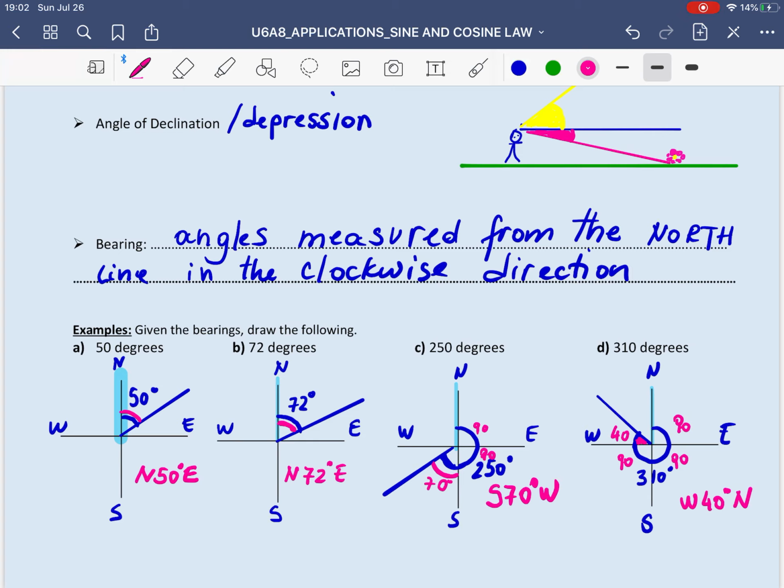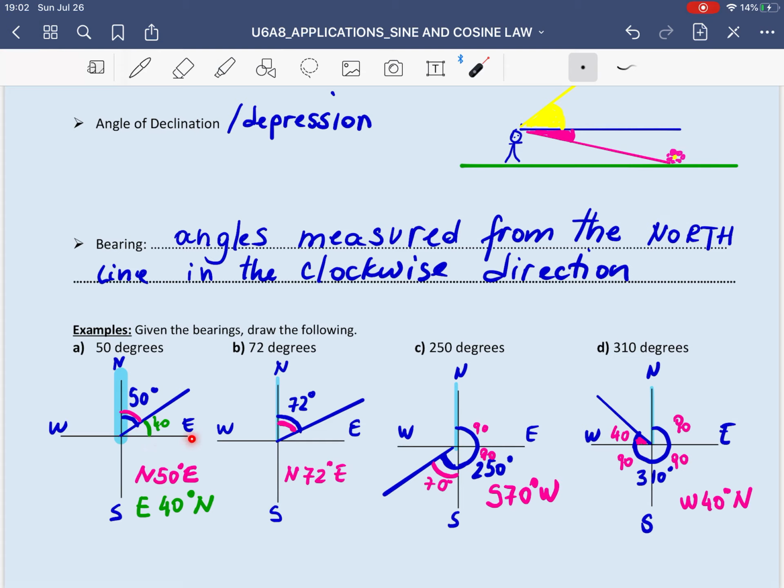Now, the same direction can be indicated or shown by using the other acute angle. So, for example, you can look at this angle here, and we can say that another way of describing the direction is starting from east, you go 40 degrees towards north.